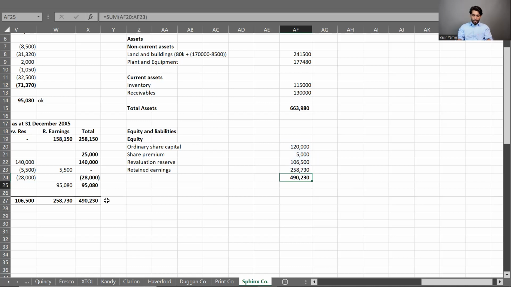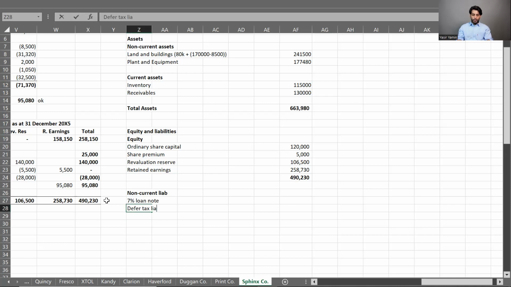And now comes the non-current liabilities. Under non-current liabilities, we only had two liabilities to be reported. One was the 7% loan note, and the other one would be new for you. You might not have remembered it. It would be deferred taxation, the deferred tax liability.